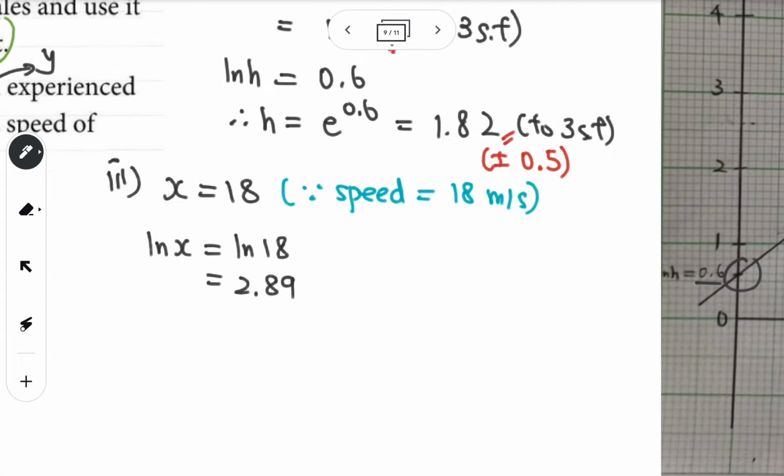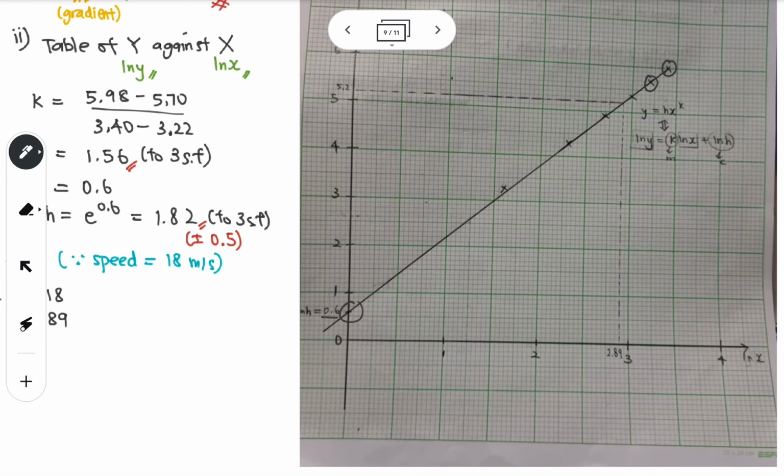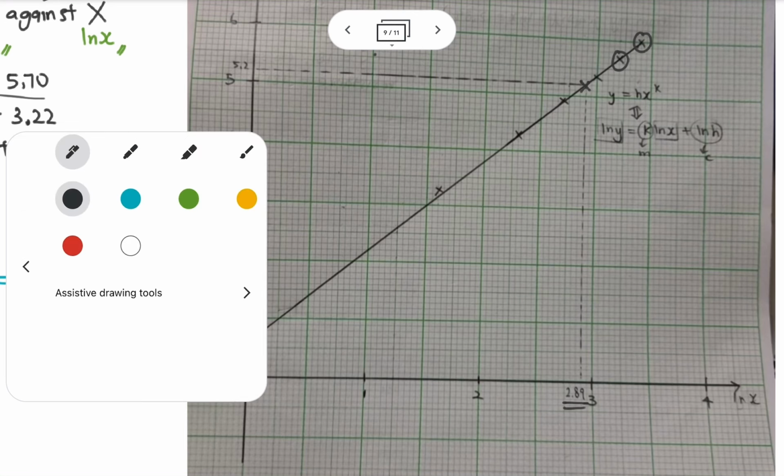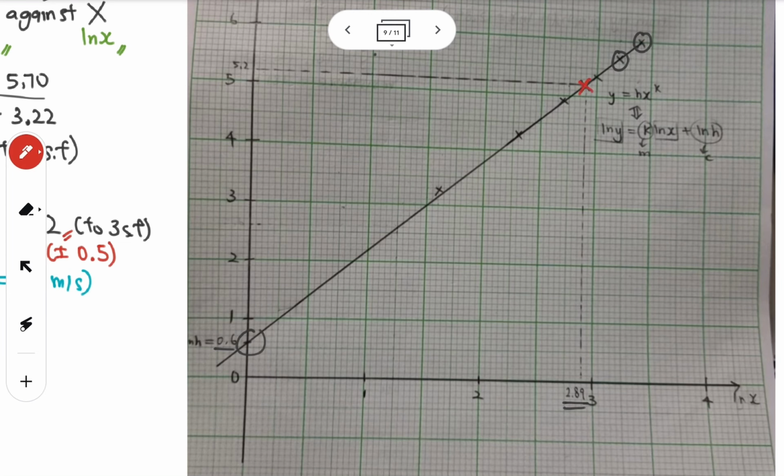From my graph, where is 2.89? It's roughly here. So I need to use dotted lines to guide me to this point. The one in red helps me to guide to this point, and I will draw a horizontal line until I get 5.2 as my ln y.